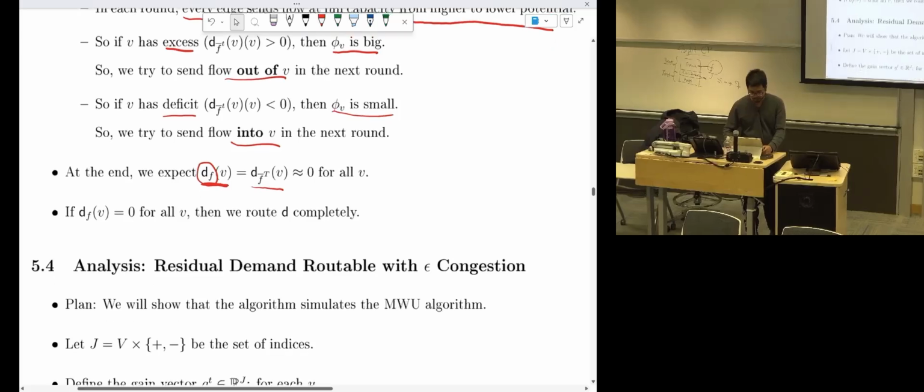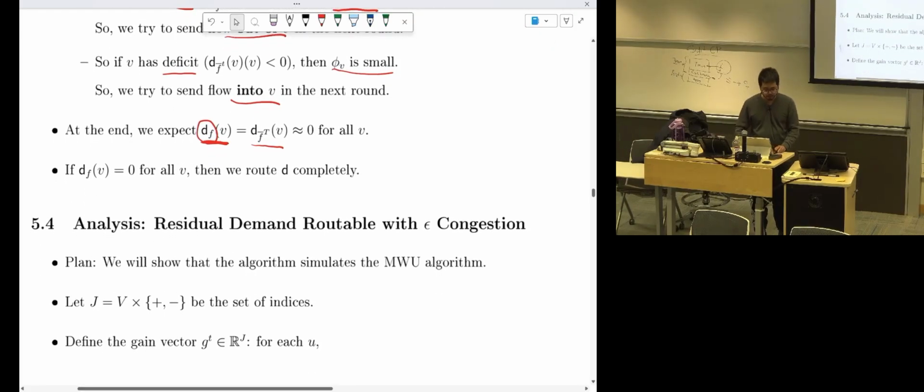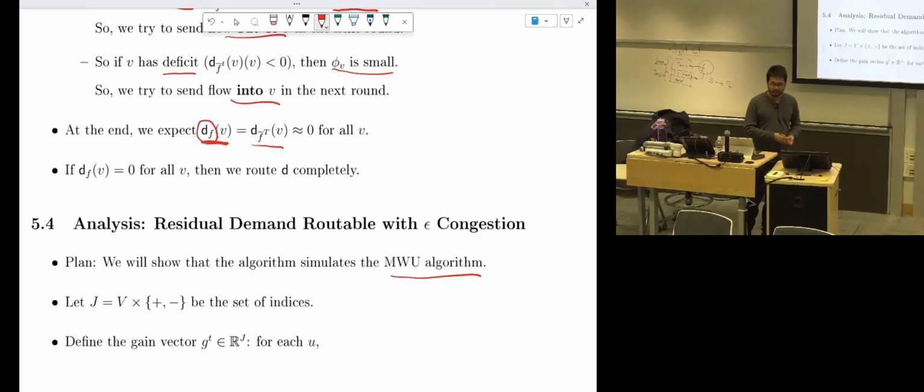Okay, so to make this precise, we're now going to use weight update. You're going to see that this algorithm just simulates the weight update algorithm. Okay.